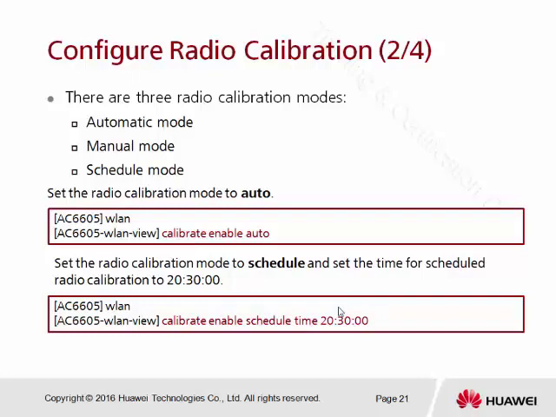It's just using the command calibrate enable, followed by auto. So this is how to enable auto. When you want to use schedule, you have to type calibrate enable schedule, followed by the time, which is how often they're going to calibrate again.